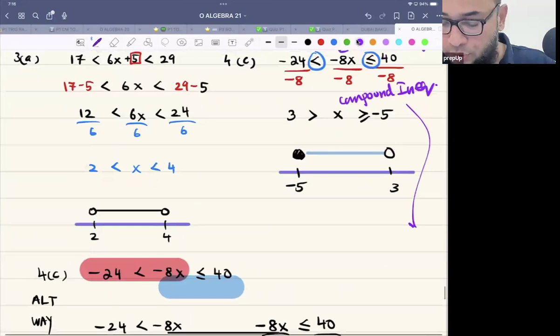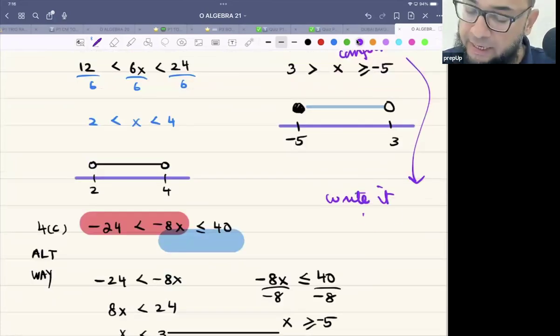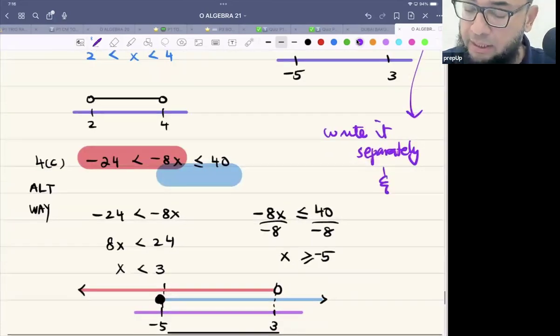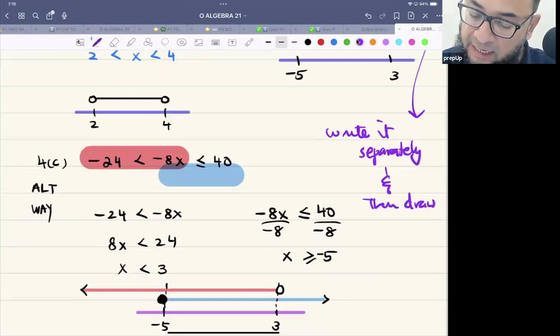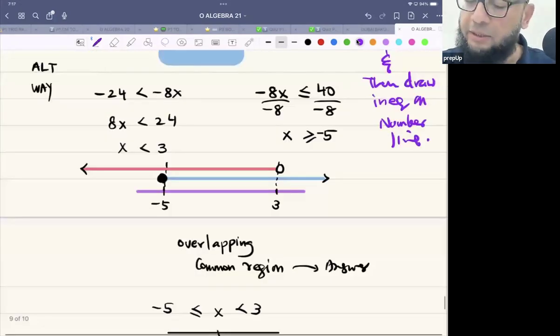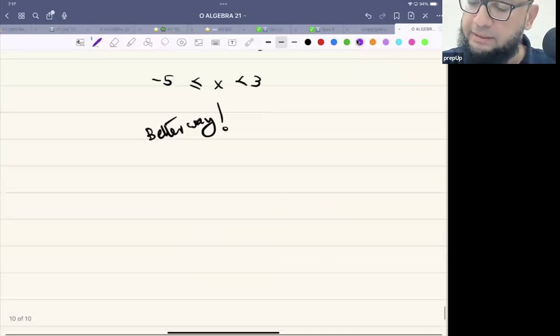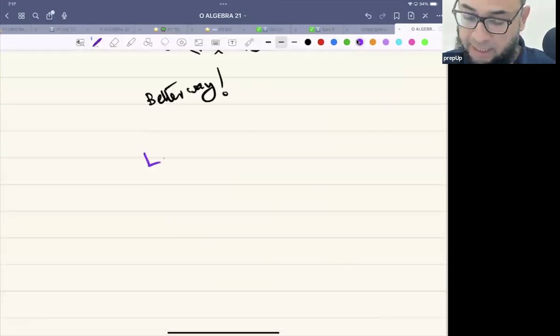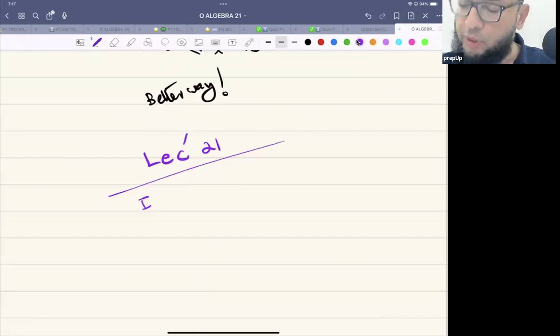So that completes algebra lecture number 21. This is basically inequality part 1. That is done. Let me just label over here that this is 21 and 22 will also be over here.